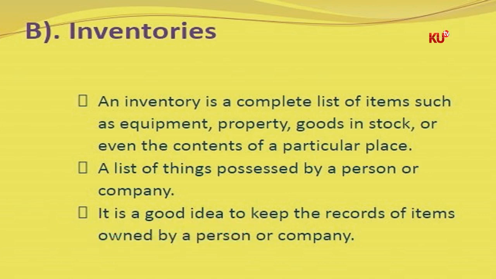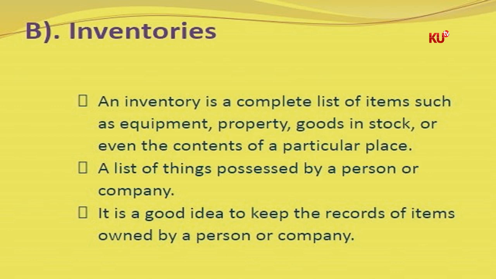An inventory is a complete list of items such as equipment, property, goods in stock, or even the contents of a particular place. A list of things possessed by a person or a company. That's an inventory. When you are a secretary, you will be asked to have an inventory of the things in the school. Also the store manager. When you are in charge of a place, you need an inventory.